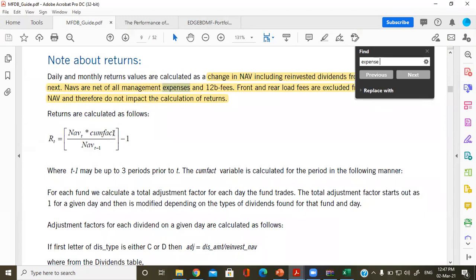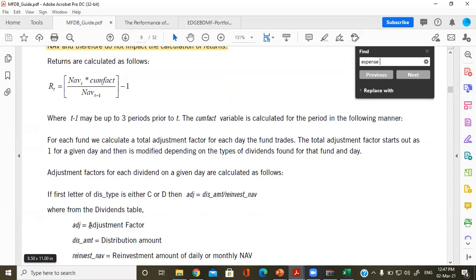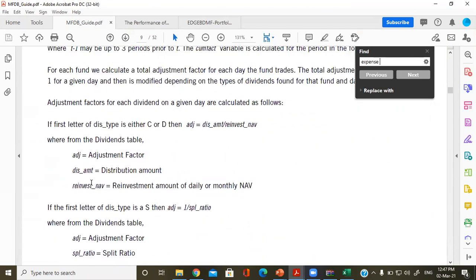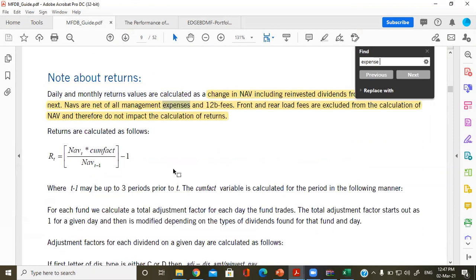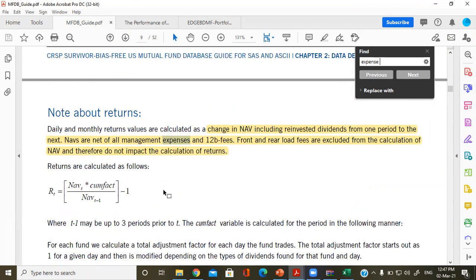The cumulative factor is a separate thing for which there has been an explanation, but what is required for our simple approximation is that NAV should be adjusted for what? All management expenses and 12B fees.